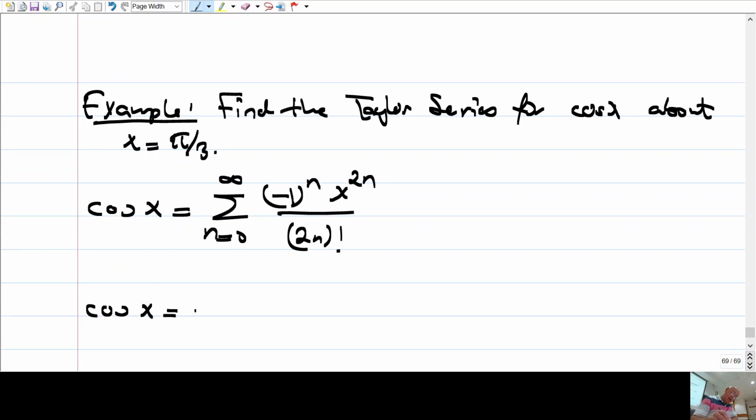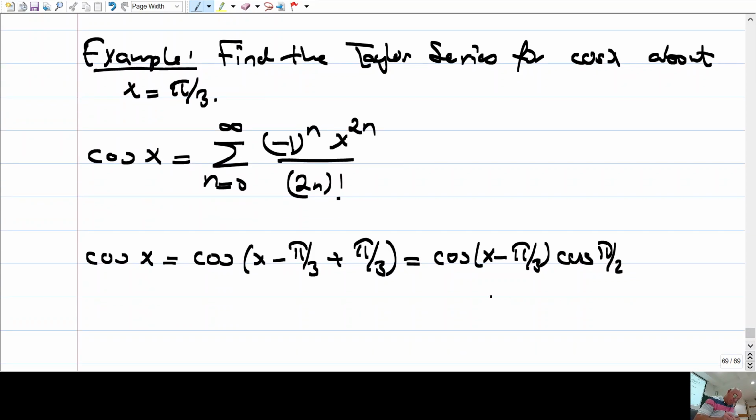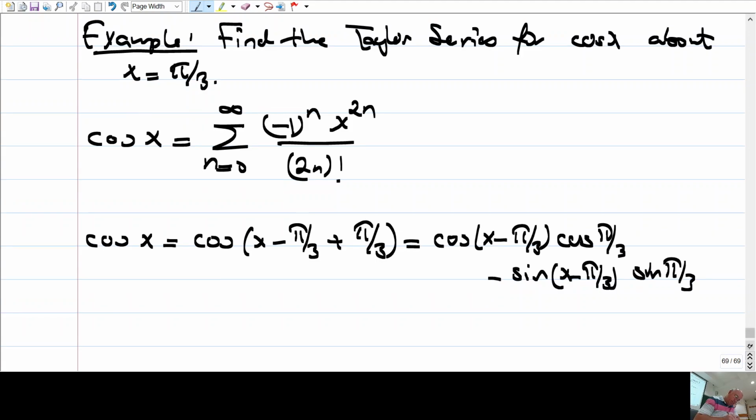Cosine x can be written like this. Cosine of x minus pi over 3 plus pi over 3, right? And this is just cosine x minus pi over 3 cosine pi over 3 minus sine x minus pi over 3 sine pi over 3.